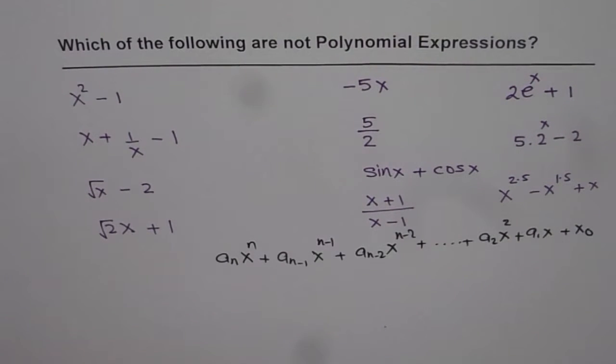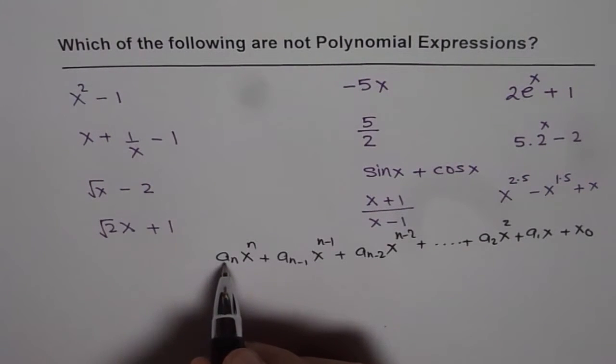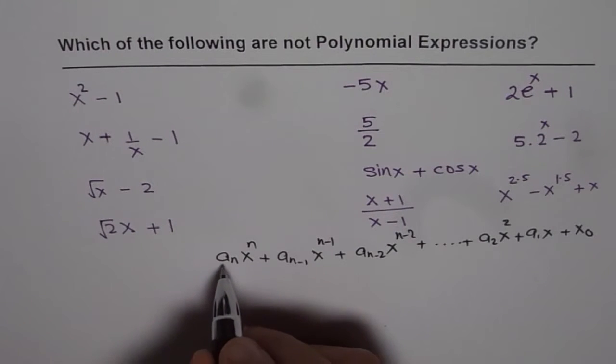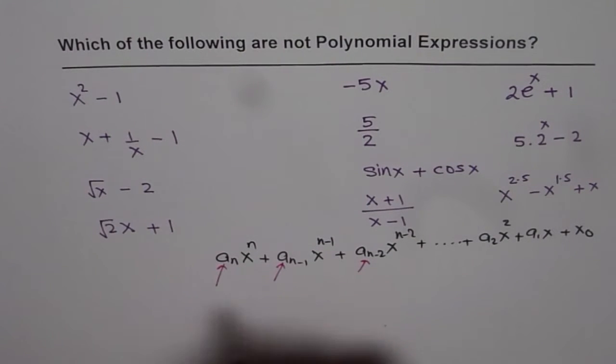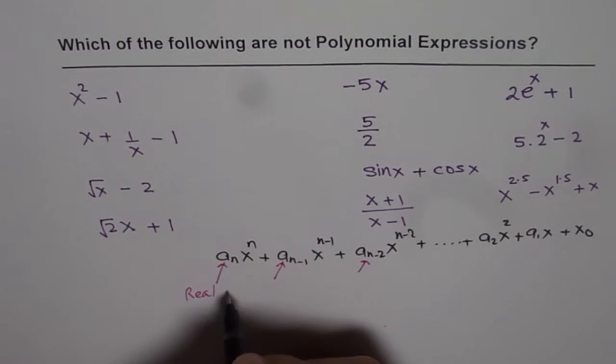That is a general expression for a polynomial. Now in this expression, the a's are all real numbers, right? So these are all real numbers, right? All these coefficients are real numbers.